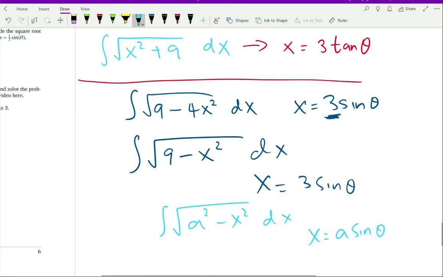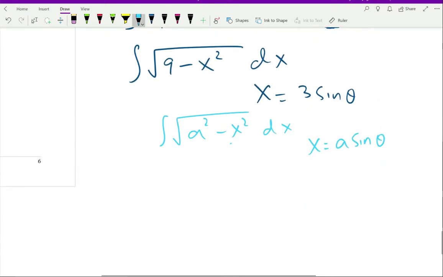Now this x and a are placeholders. Here we have x square, so we take x here. So x is the placeholder. Here we have a square, and we take a here. So we take the square root of that square right here. That's really important.